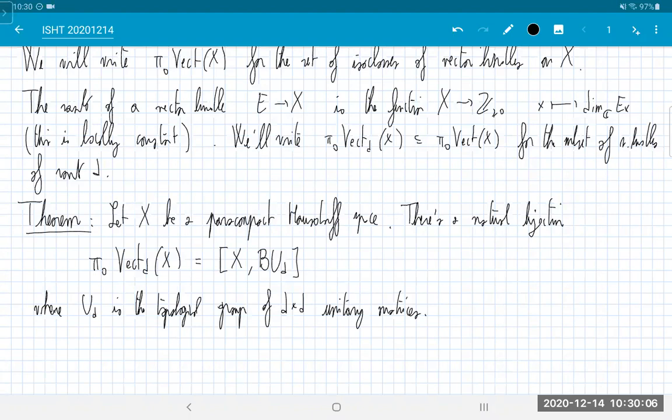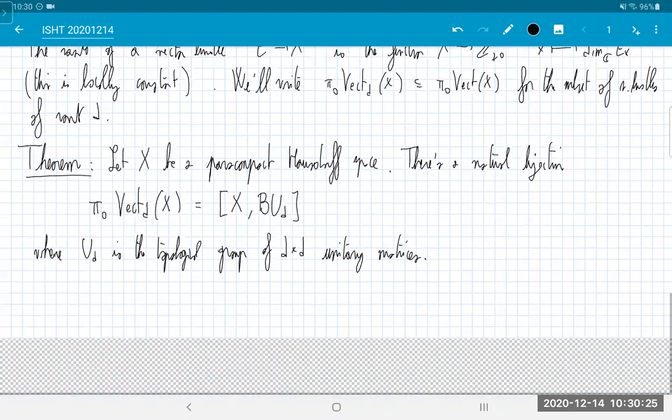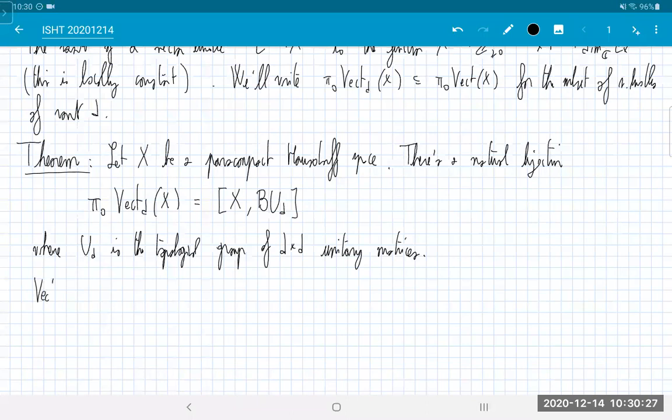I think you should all know what a unitary matrix is. Maybe it was a long time ago that you saw the definition, but it's a matrix whose inverse is its Hermitian transpose. Or if you want, a matrix that respects the standard metric on C^d. And, bolstered by this theorem, we will actually define Vect_d(X) as the mapping space.